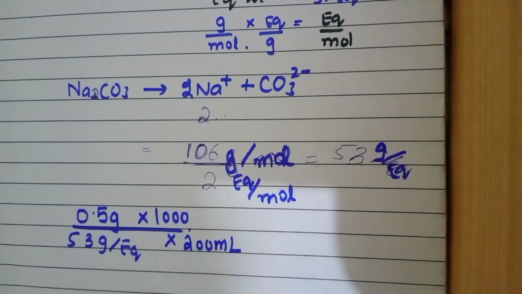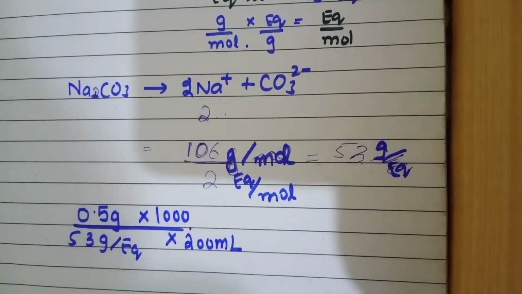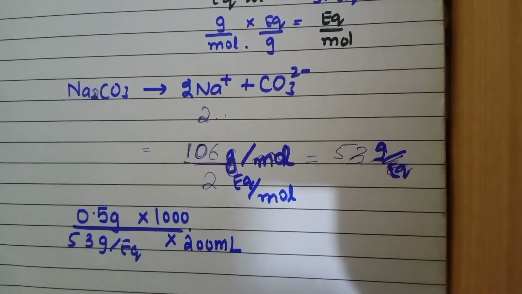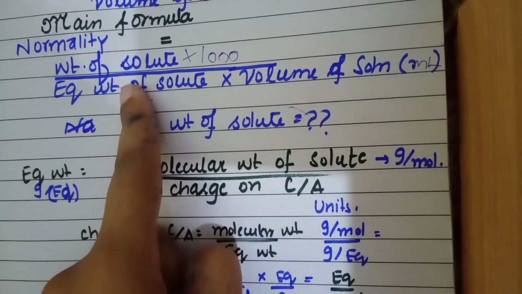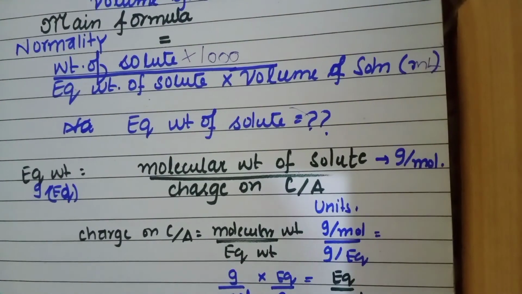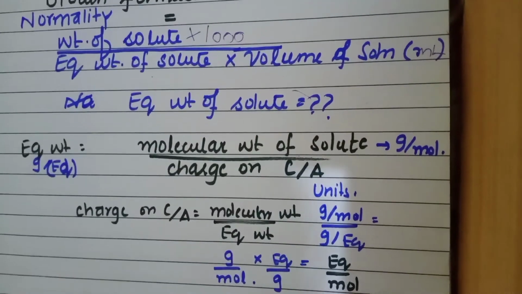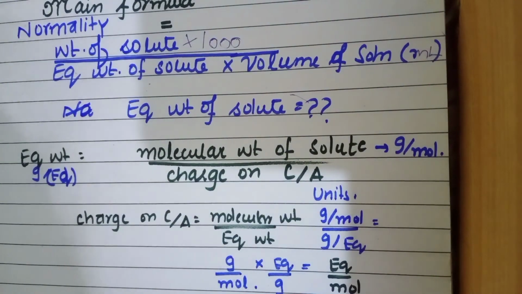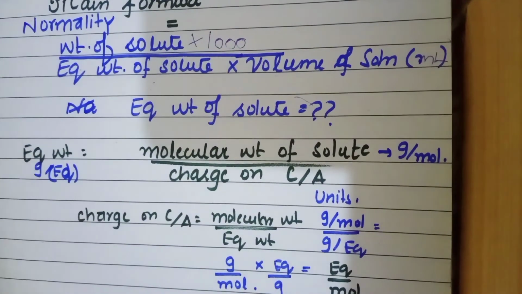Coming to the final calculation of this normality formula, let's come to the formula of normality. Weight of solute is 0.5 gram. Equivalent weight of solute we have just found, it is 53 gram per equivalent. Then comes the volume of solution, that is known, it is 200 milliliter.